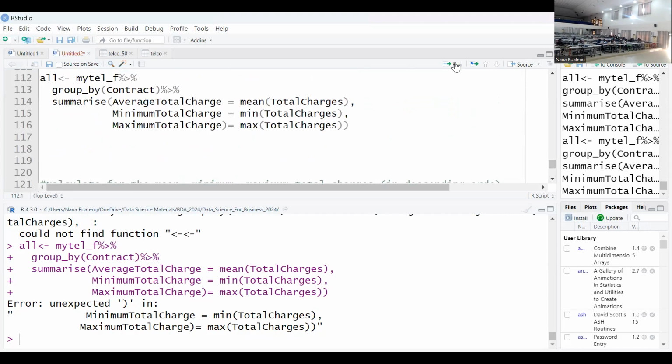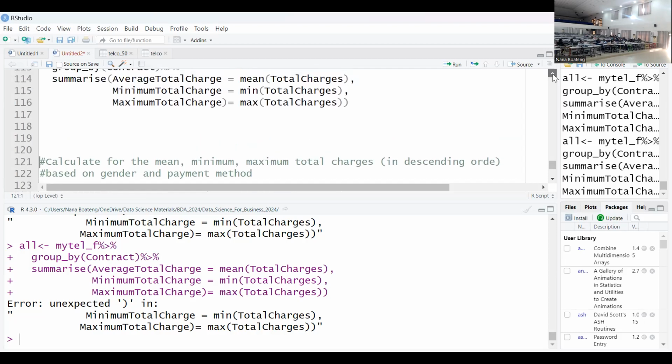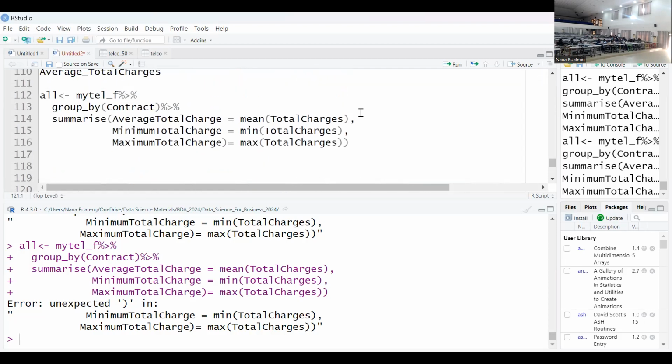Let's run again. This bracket. Oh, yes. Okay. All right, thank you. So let's run this.